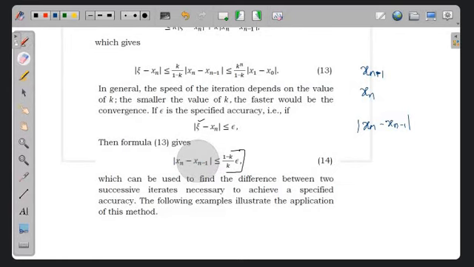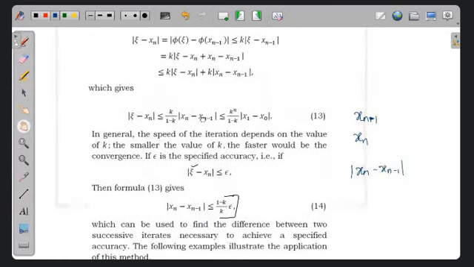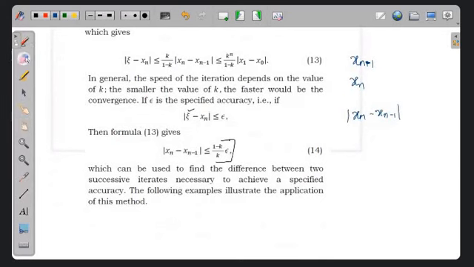So if you see this difference from the above calculation, you can actually write it this way: (1 minus k) by k into phi dash of epsilon, where epsilon is nothing but the error or the accuracy that we need. If you want an epsilon accuracy, it means the distance between the exact root and approximated root, we want this to be less than epsilon.